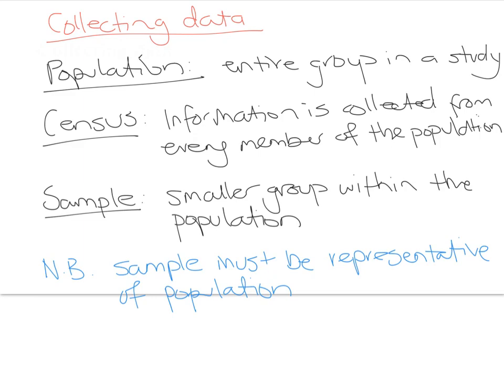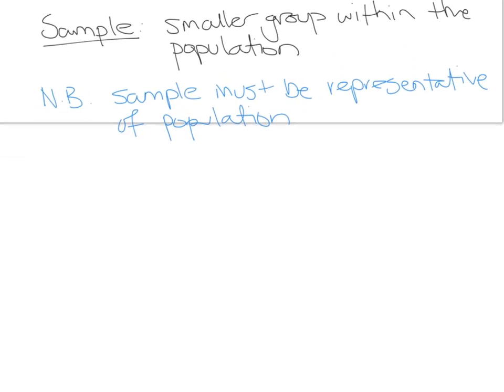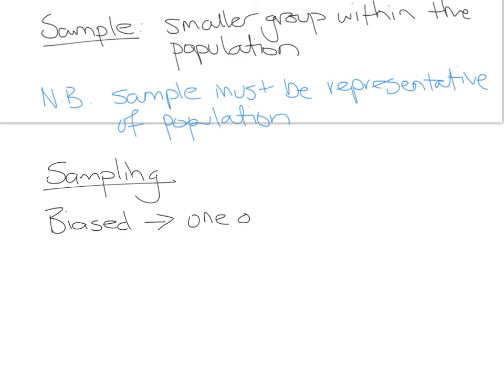Let's move this up a little, because this is what we need to remember when we look at sampling. We will look at sampling in a little more detail in the next video, but basically a sample is biased if one or more groups are overrepresented.